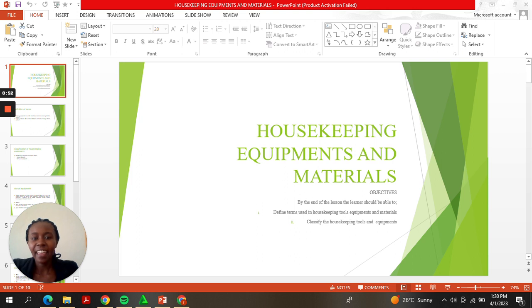A housekeeping equipment is a tool which is used when cleaning the different surfaces in the housekeeping, while housekeeping materials are the substances that are used when cleaning the different surfaces.